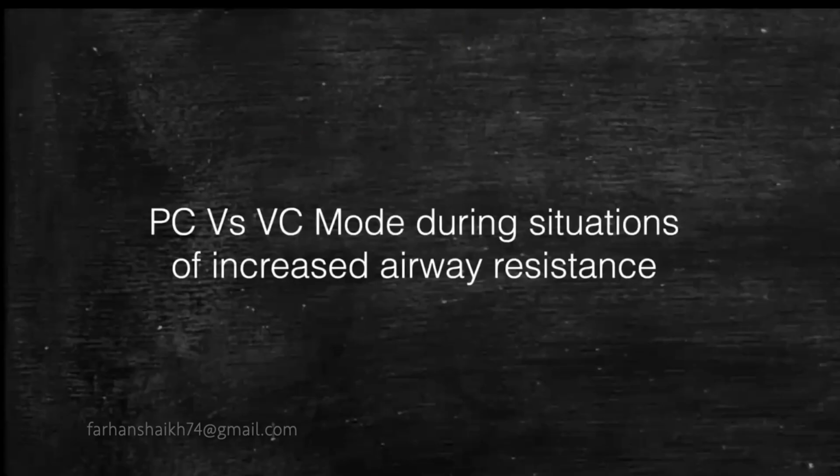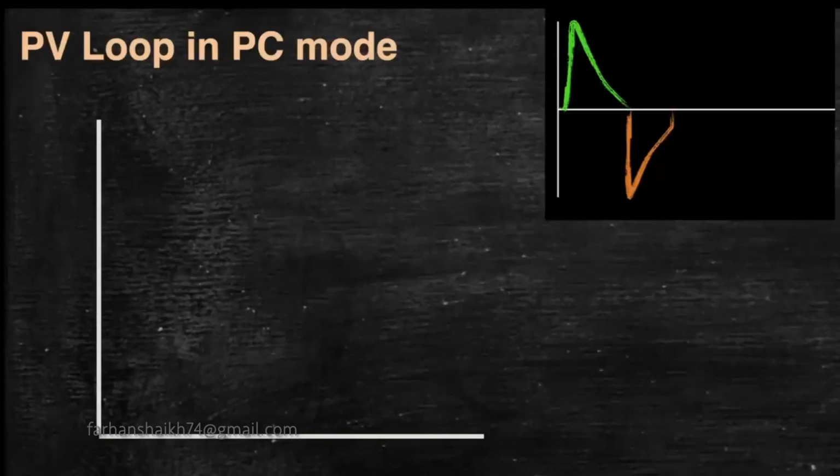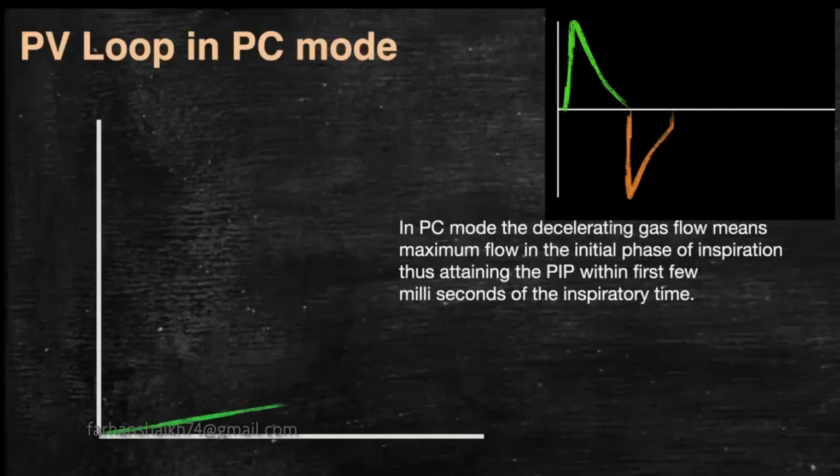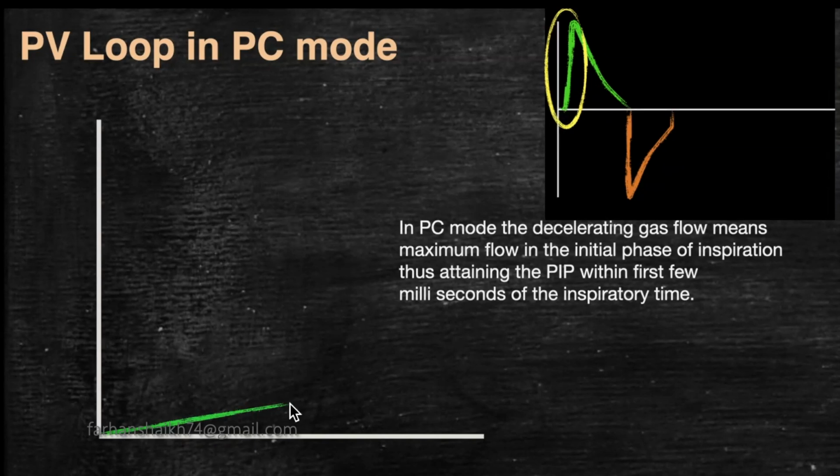So PC and VC mode, we saw in pressure control mode, there is a box shaped morphology because in pressure control mode, what happens is most of the flow, maximum flow happens in the first few milliseconds of the inspiration, and maximum pressure is also reached within the first few milliseconds of the inspiration.